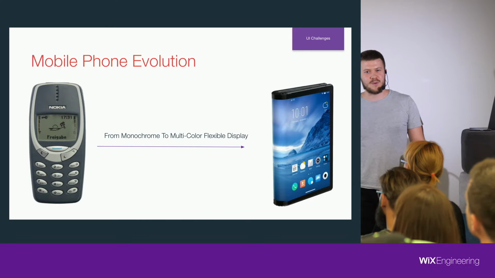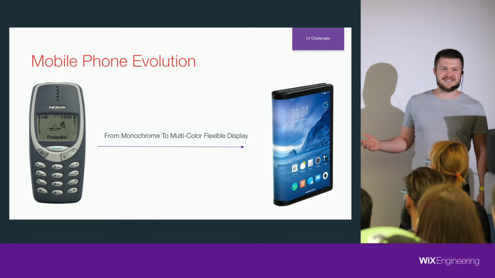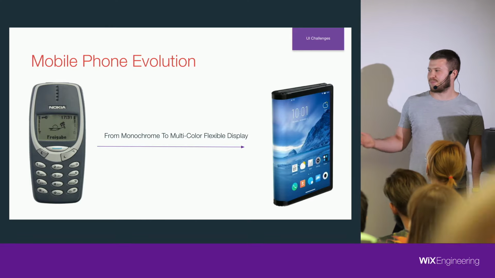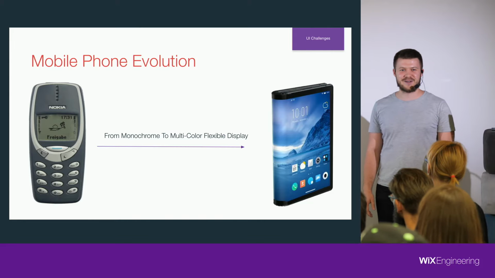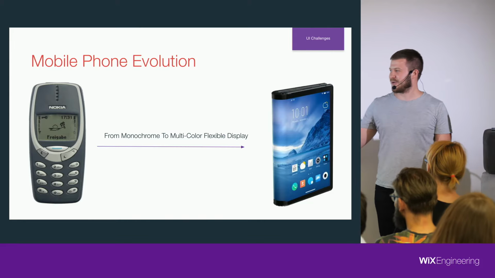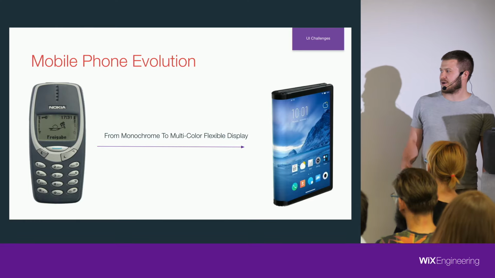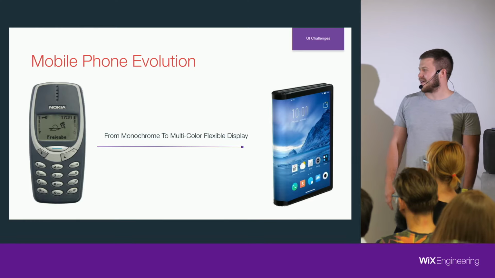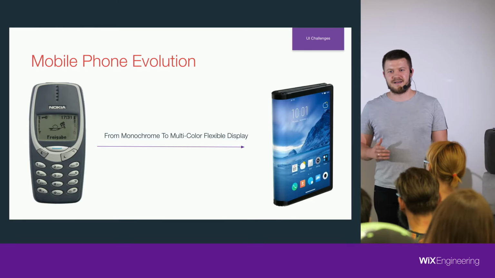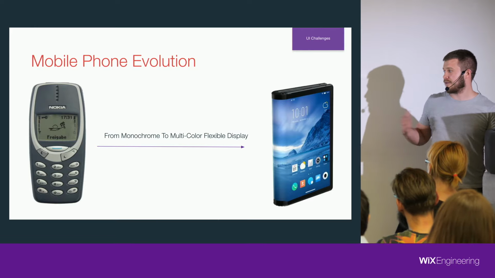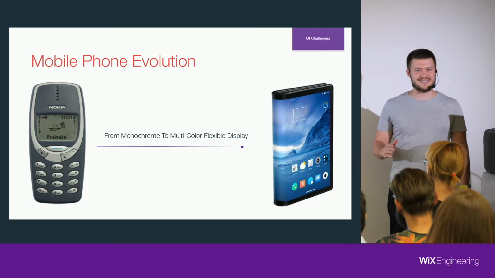And here we can see an evolution of displays. 20 years ago a very popular and very famous cultural phone was released. It was Nokia with a monochrome display. And right now you can find a flexible display with two devices.